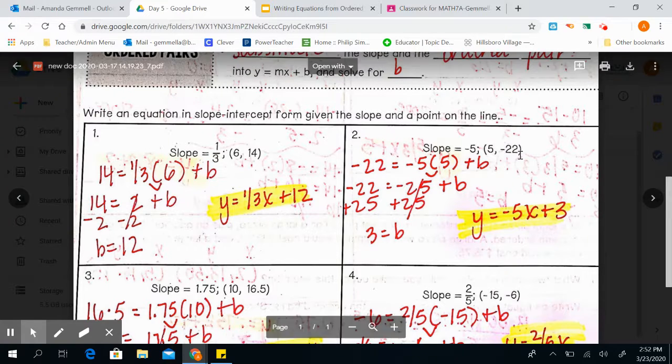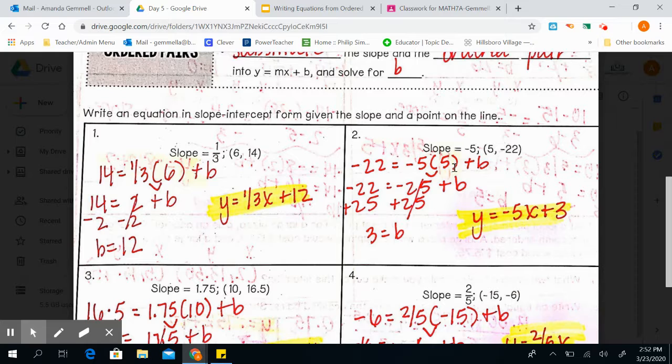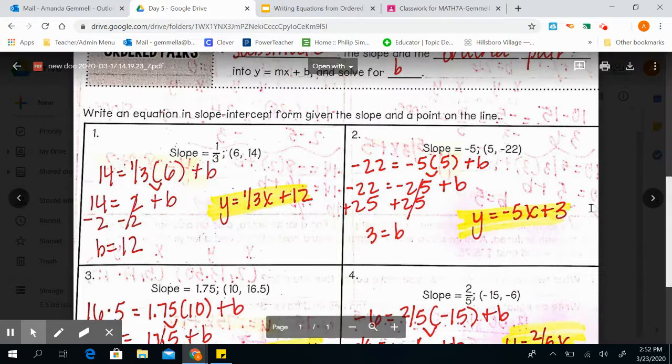We're given this information to get the equation of the whole line. So when you get the equation of the whole line, it needs to be y and x again, because the whole line is not negative 22 and 5 for x and y. That's just for one specific point on the line. But to have the equation for the whole line, it needs to be back in the general form, y = mx + b, with y and x still there. Same over here.